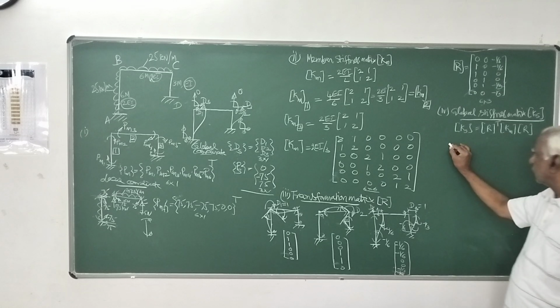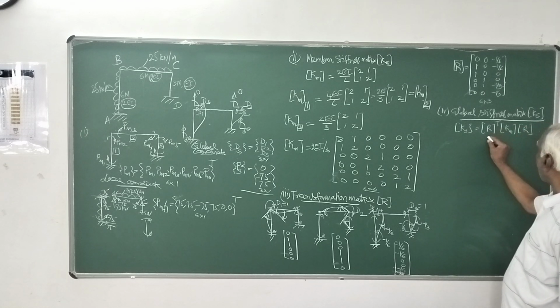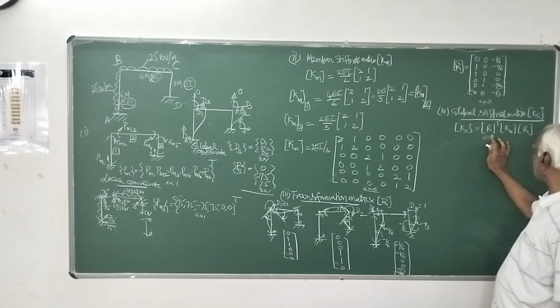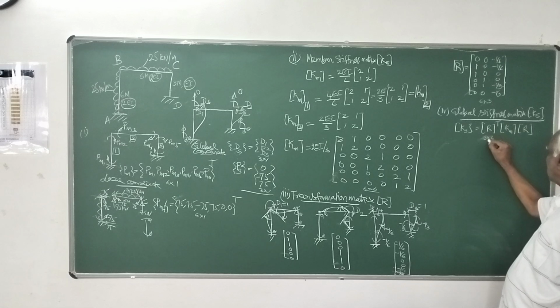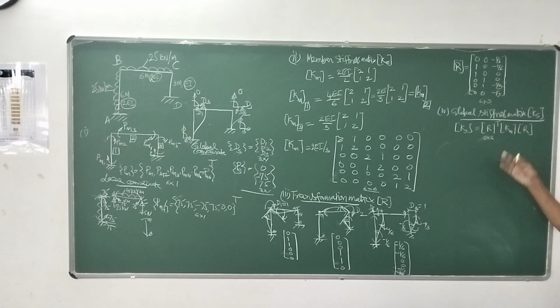So therefore, here R is 6 by 3, and RT is 3 by 6. We have to change rows to columns and columns to rows. Km is a 6 by 6 matrix, R is a 6 by 3 matrix.